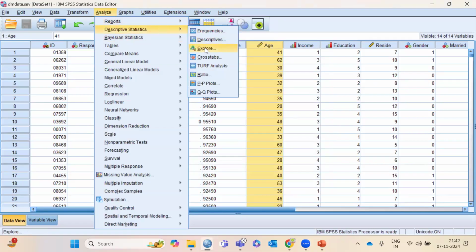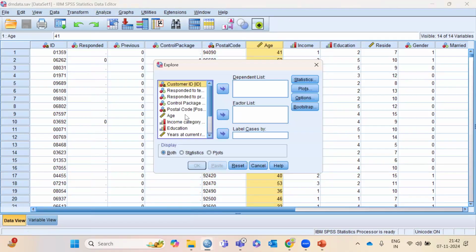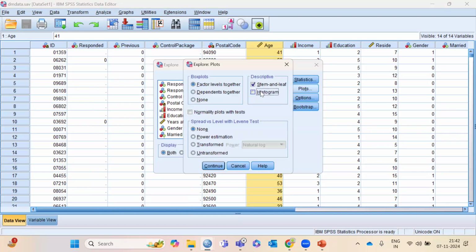I'll go to these and then I'll go age and I'll go by customer ID. If I want plots, I can go for, 1 second.